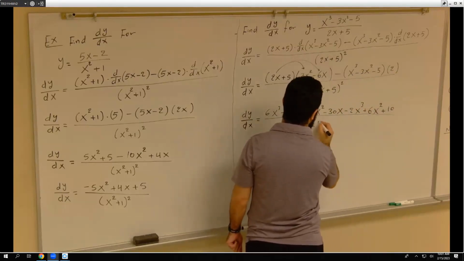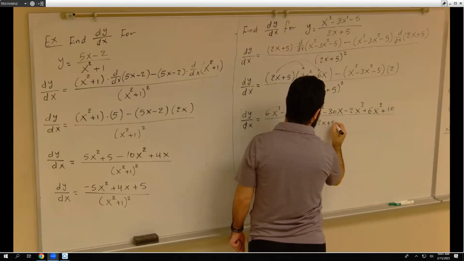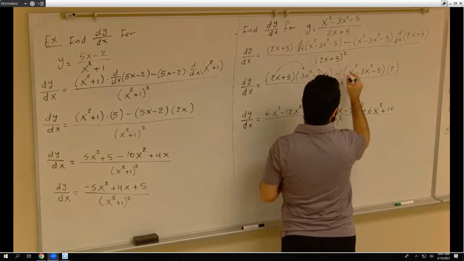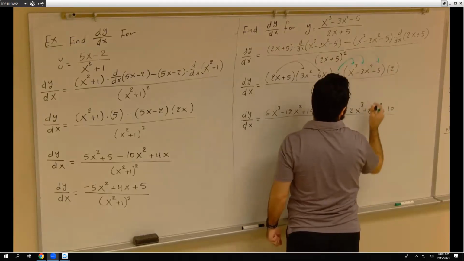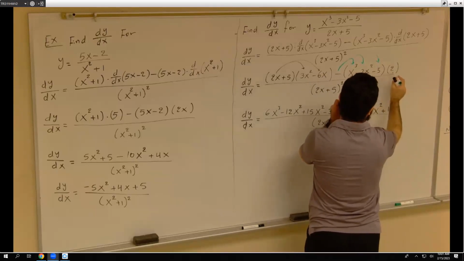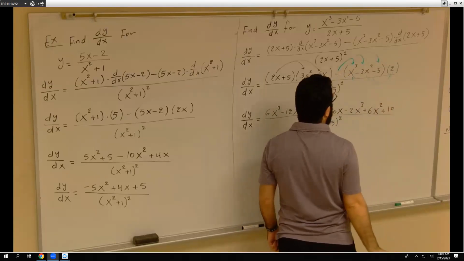Everything is divided by 2x plus 5 squared. So here, be careful. If you want to just distribute the negative sign first, then when you're done, you're going to distribute the 2 on the new terms, okay?